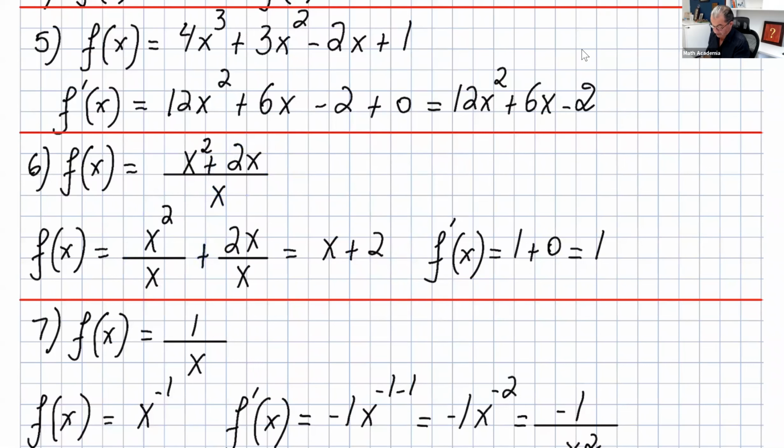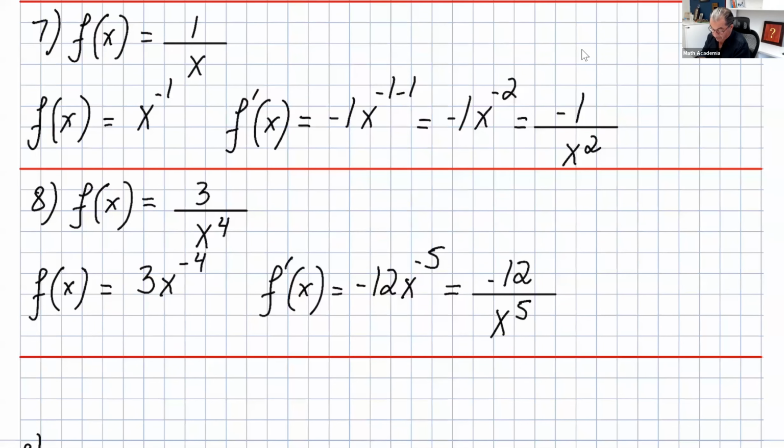And simplify, you get x plus 2. X squared over x is x, and in 2x over x the x cancels, which is plus 2. Then find f prime of x. F prime of the term x is just 1, and f prime of 2 is 0. So the answer is 1.